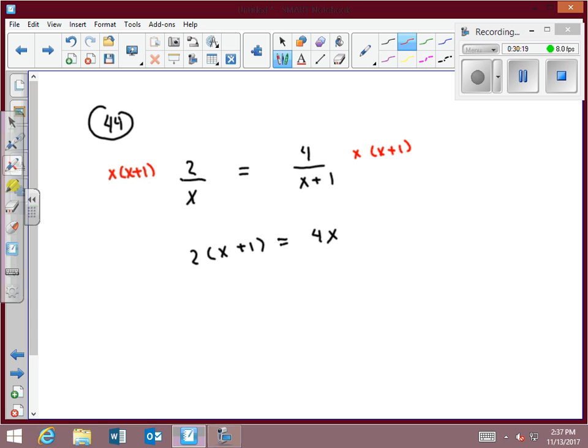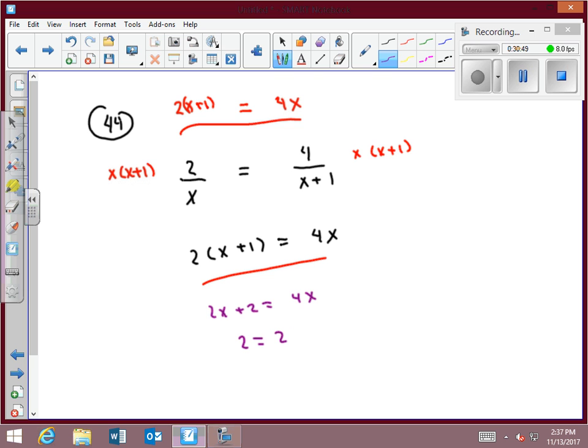If we did it this way, we'd have 2 times x plus 1 equals 4x. No matter whether we did it that second way or whether we did cross multiplication, we're still going to end up with the same numbers. Right? And then we have 2x plus 2 equals 4x. And then 2 equals 2x, and x is going to equal 1.